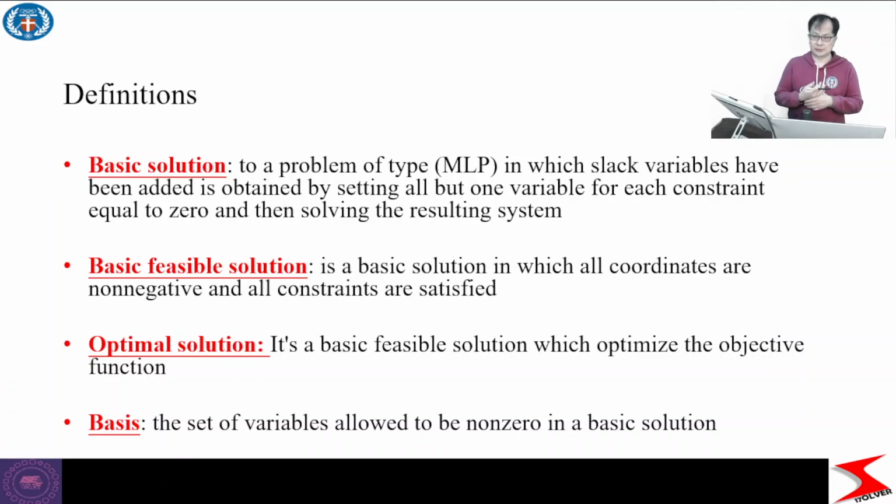That solution we call a basic solution. What is a basic feasible solution? It is also a basic solution, but all coordinates are non-negative and all constraints are satisfied. In a basic solution, there might be some points that are not in the feasible region. What is the optimal solution? It is a basic feasible solution which optimizes the objective function.